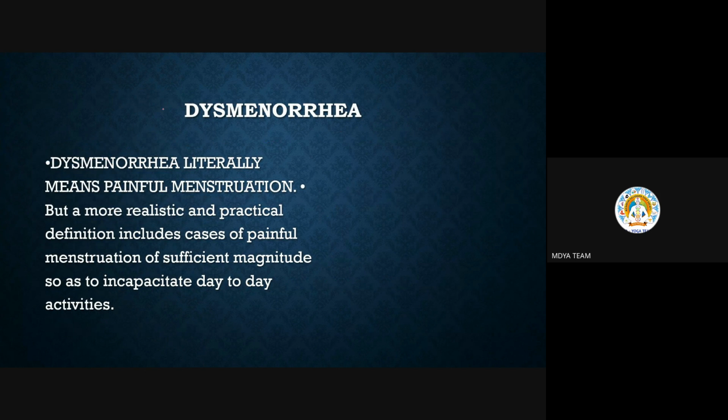Now, first we'll go for dysmenorrhea. This is the main thing which we have to understand. What is dysmenorrhea? Usually we say it is painful menstruation, when it is too painful and beyond the limits of normal conditions. A more realistic and practical definition is painful menstruation of sufficient magnitude to incapacitate or hinder day-to-day activities.